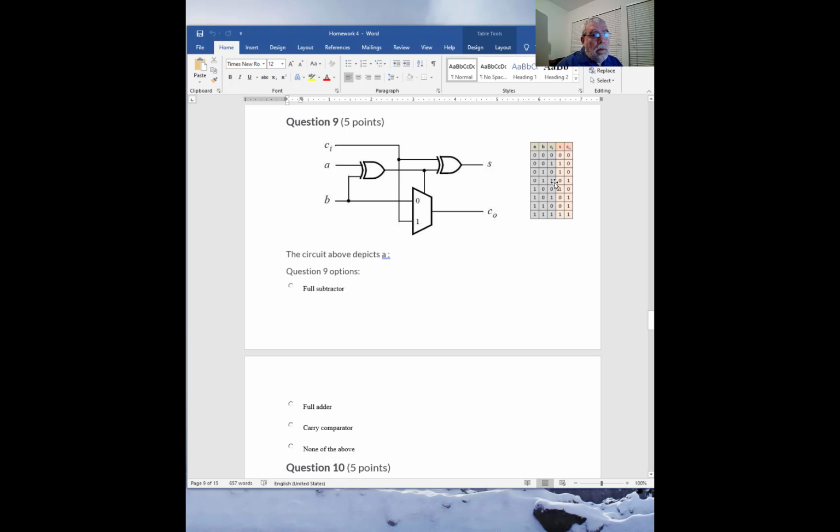I'm saying this because if you look into the options for the answers, this is an arithmetic circuit that provides an arithmetic function: either full subtractor, full adder, carry comparator, whatever that is, or none of the above. Given the carry in, A, B, and then the sum, the carry out.